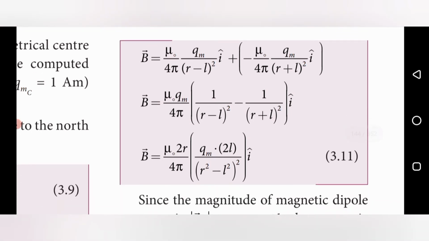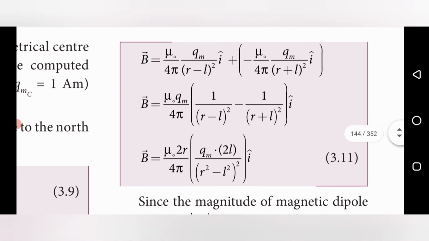Simplify all the values by taking the LCM. The denominator becomes (R square minus L square) whole square, because of (A plus B)(A minus B), that is A square minus B square, and the whole thing is squared.